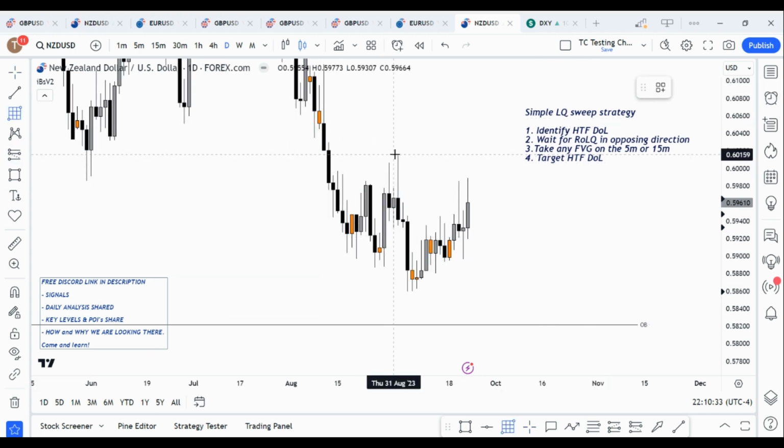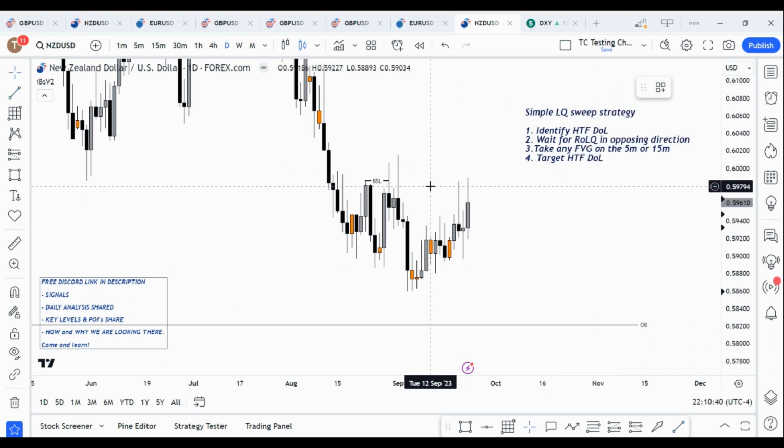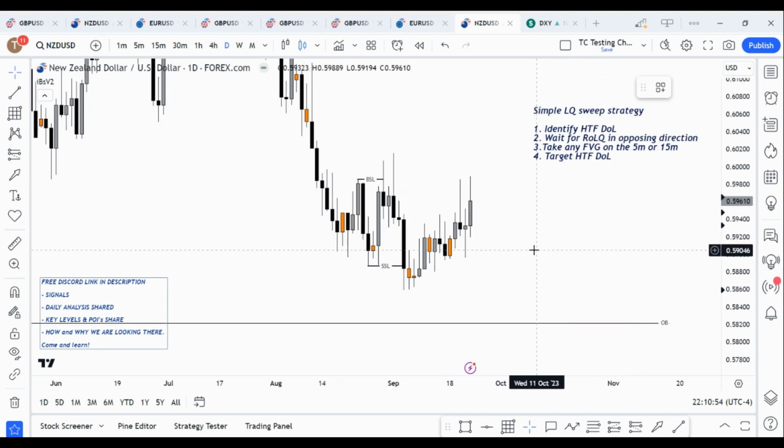We can see on the daily time frame that we have here a run on liquidity. We have buy side liquidity taken here, followed by a sharp displacement to the downside, hunting sell side liquidity, and obviously breaking structure to the downside.